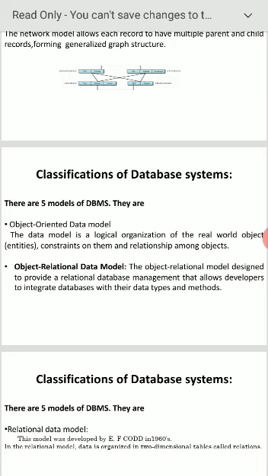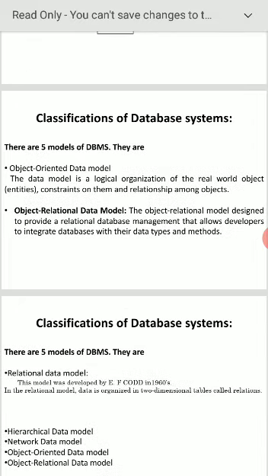An object-oriented data model consists of the following basic concepts. The first one, object and object identifier. Any real-world entity is uniformly modeled as an object.